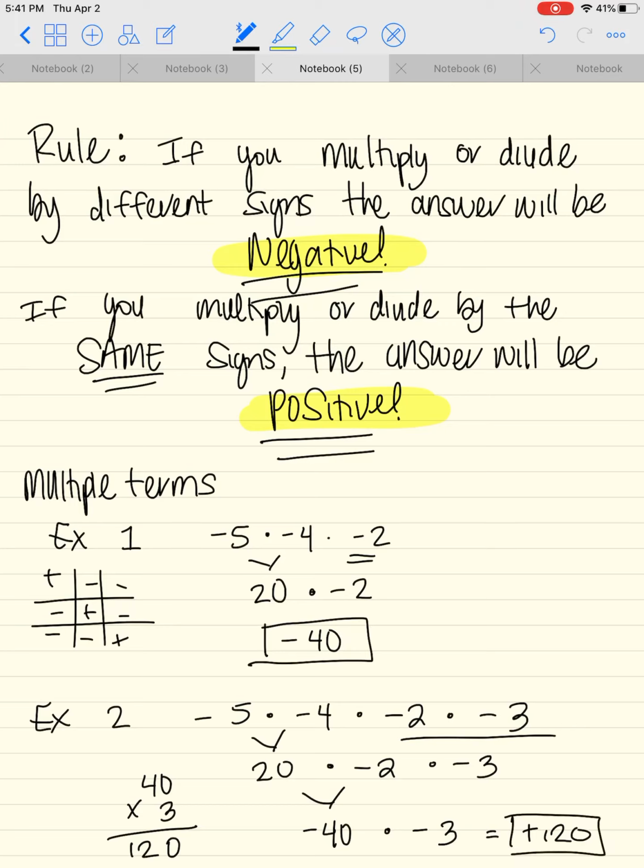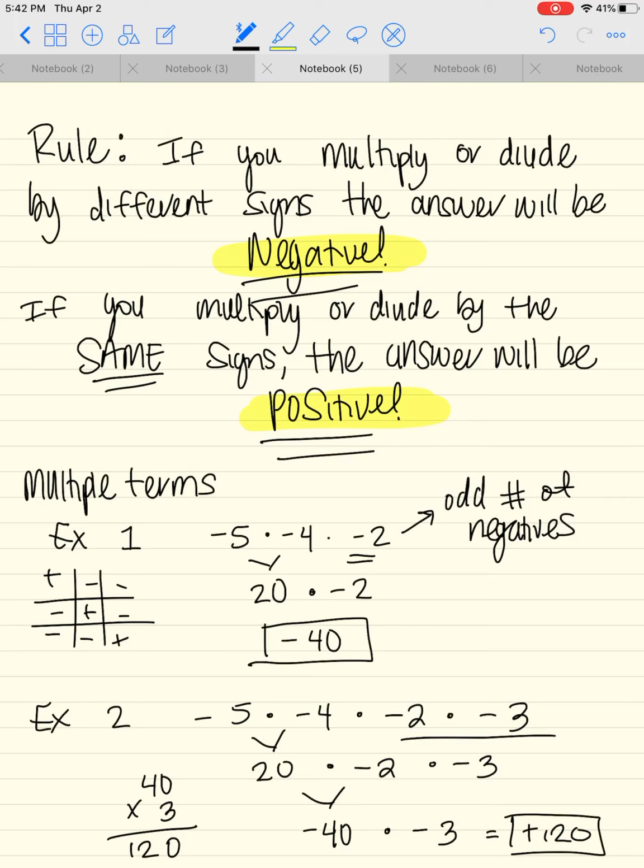So if you notice, in example 1 it was a negative, and in the example below, it was a positive. And the reason for that is when you're multiplying negative numbers and you have an odd amount of negative numbers, like we did here, we had an odd number of negatives. What does that mean? We had 3.